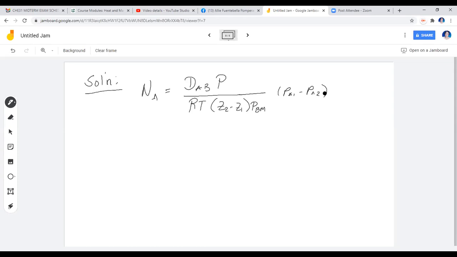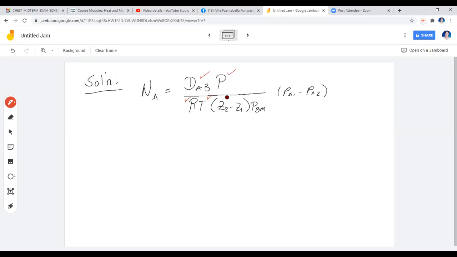Now we'll check what the problem already provides in terms of the information. So let's see what we need to determine and what we are already given. In this case, the problem already gives us the molar diffusivity, the unit of which is in meters squared per second. Then the total pressure is given. This we can get from a conversion table. The temperature is given.